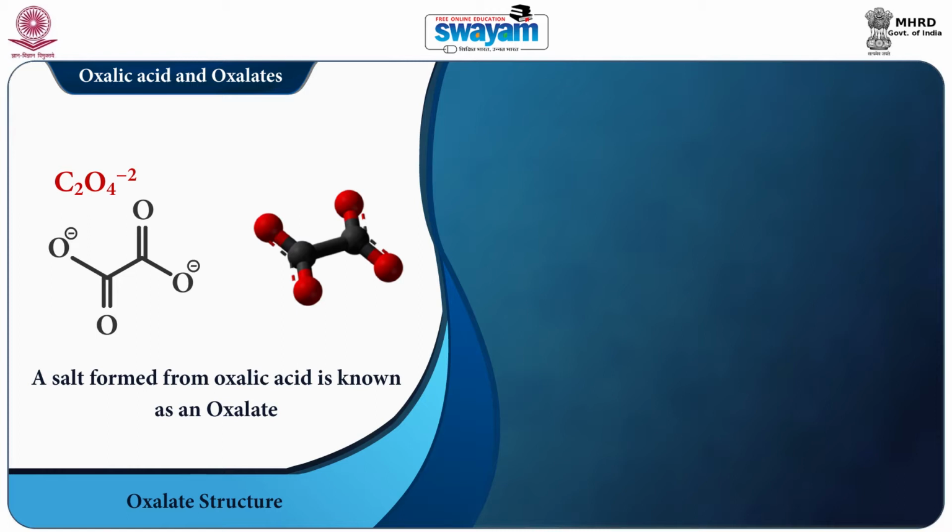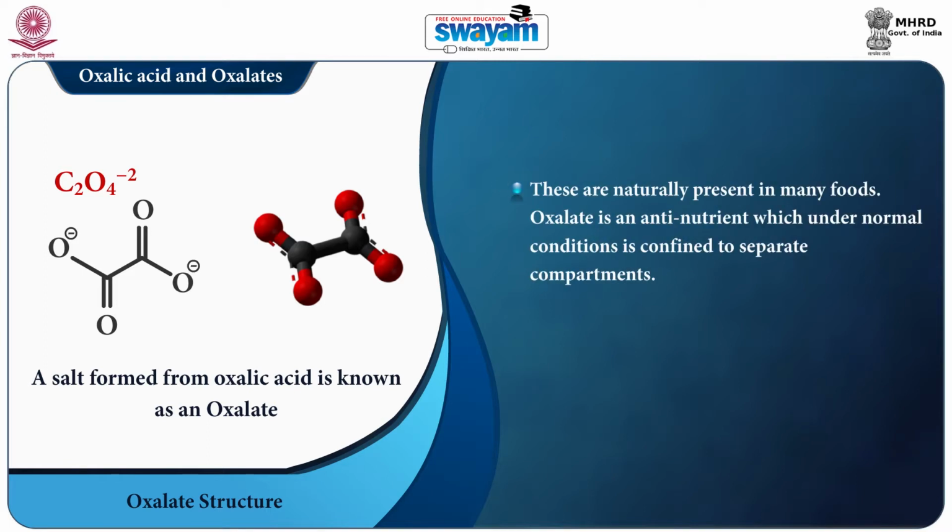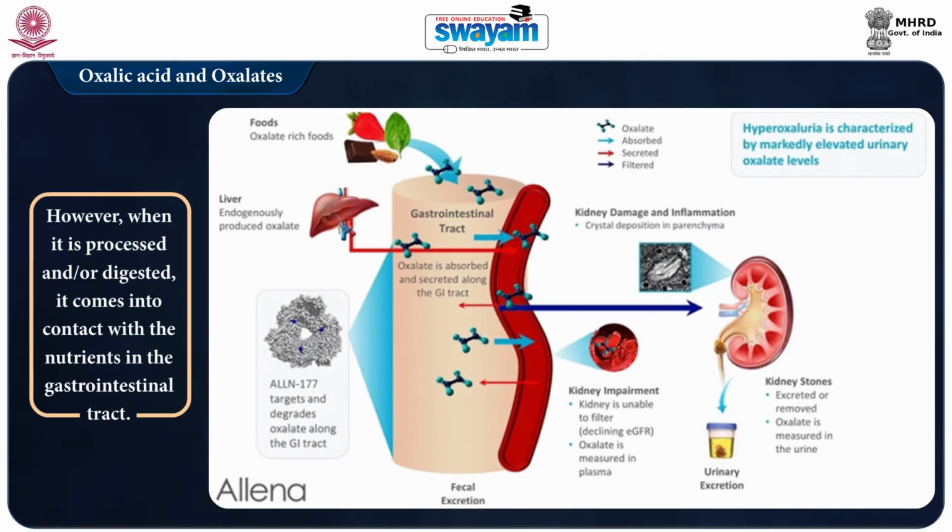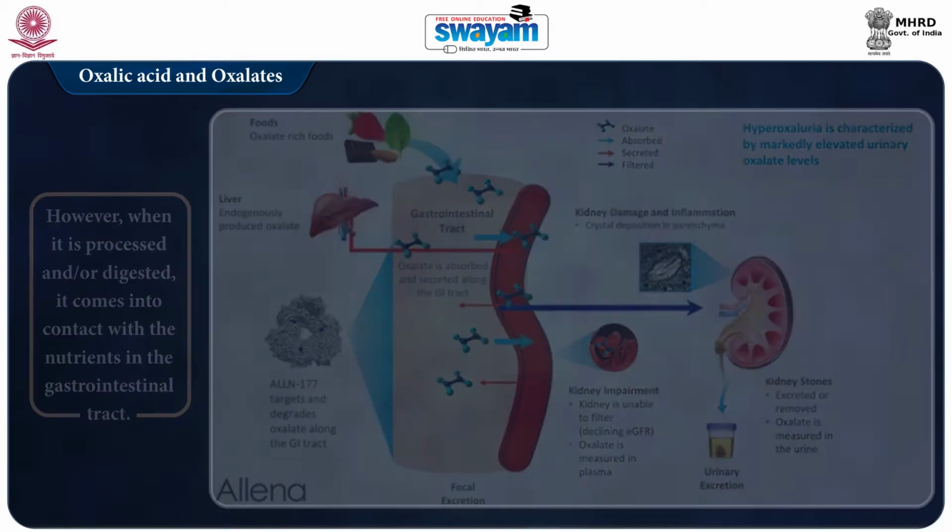Now, let us move to the next antinutrient, that is oxalic acid and oxalates. A salt formed from oxalic acid is known as oxalate. These are naturally present in many foods. Oxalate is regarded as an antinutrient which under normal conditions is confined to separate compartments. However, when it is processed and/or digested, it comes into contact with the nutrients in the gastrointestinal tract.